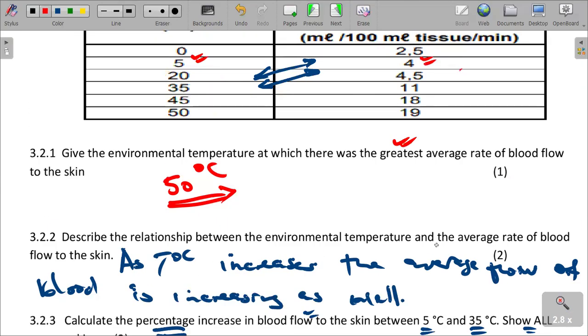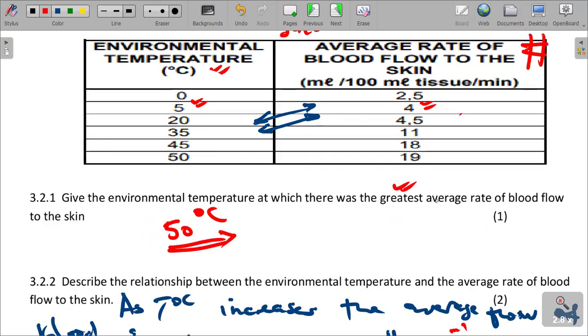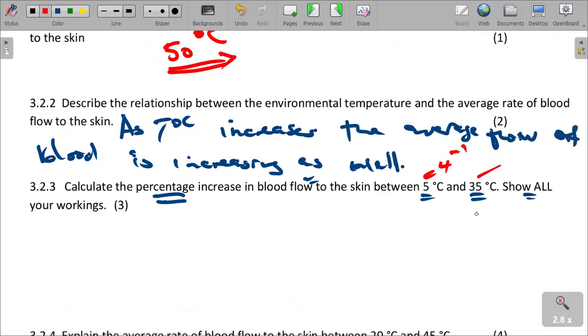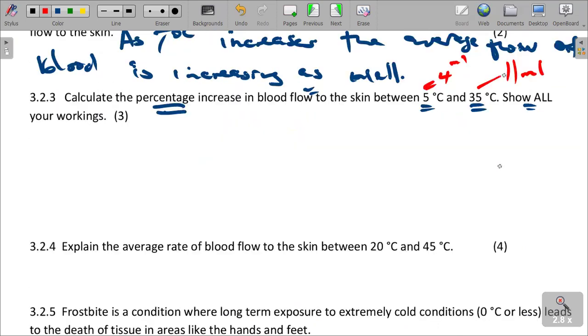At 5, it is 4. We have got 4 milliliters. And then at 35, we have got 11 milliliters also. And then the question is saying, calculate the percentage increase in this.